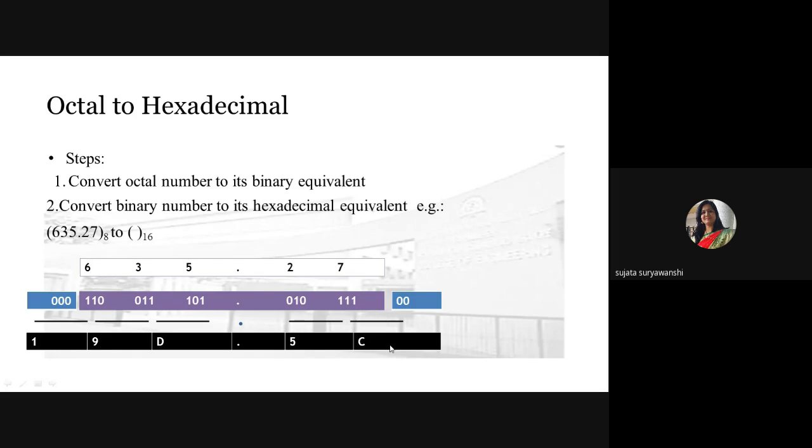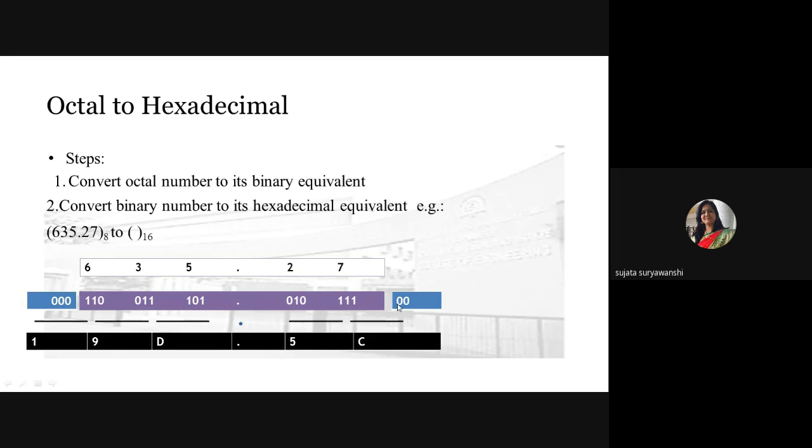Understood? If you want to find the equivalent decimal number of the given number, suppose your number is 1100. Then your LSB bit is 0, the next bit is 0, and the MSB bit is 1, and next to the MSB bit is 1. Start with the LSB bit and multiply it with 2 raised to 0.